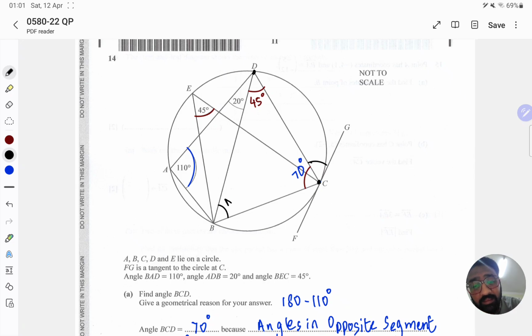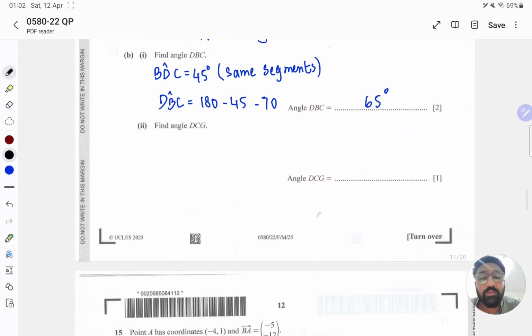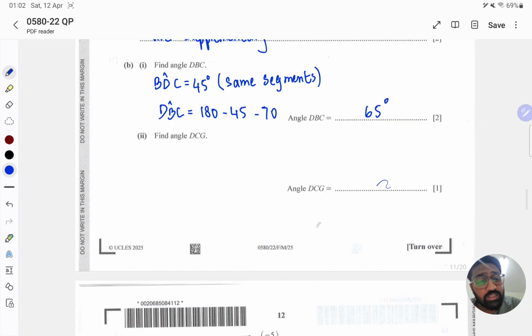So angle B, the one that I have just made a star, and this angle, the one that we need to find out, they are both going to be equal because of the property. And so this is also going to be 65 degrees.